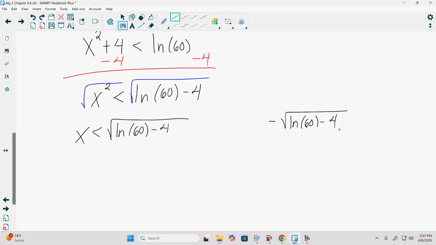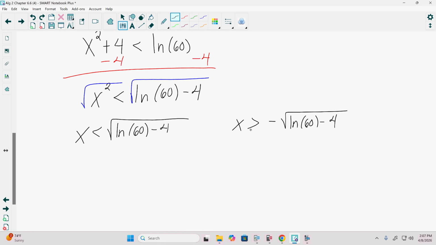Now, we would still have x. What would our inequality sign be? Would it be greater than or less than? It's going to be greater than, because we changed the sign of that right-hand side. We have to change the inequality sign.